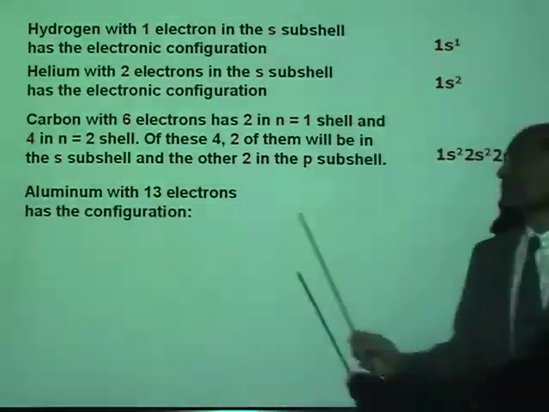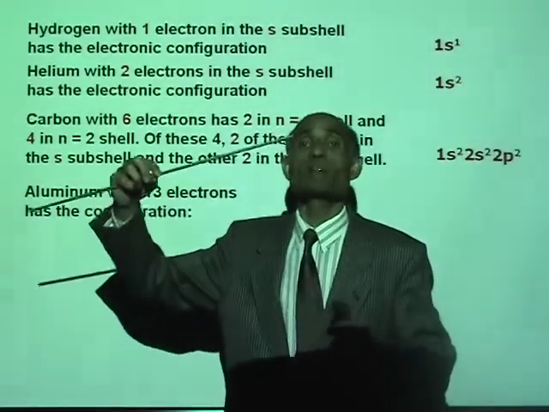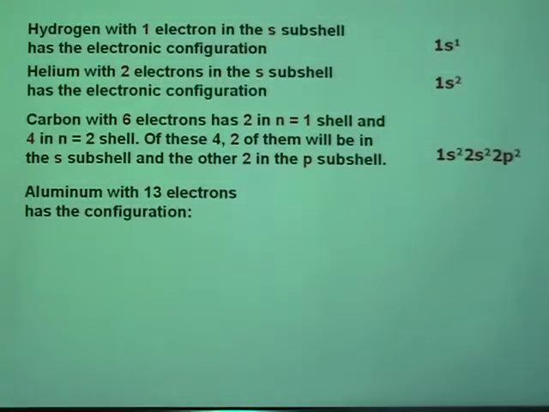So that means these electrons are now going to be distributed to n equal to 1, n equal to 2, n equal to 3. Alright, let's write that down. Now, n equal to 1 can only contain a maximum of 2. n equal to 2 can contain a maximum of 8.